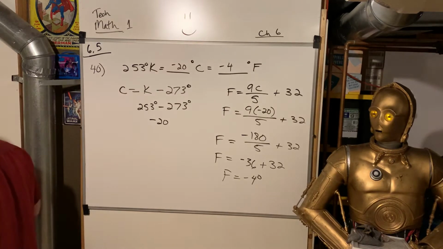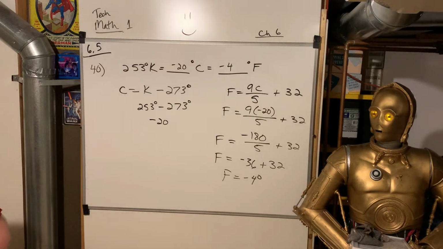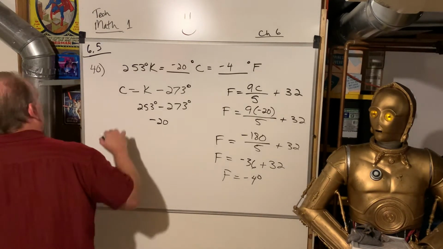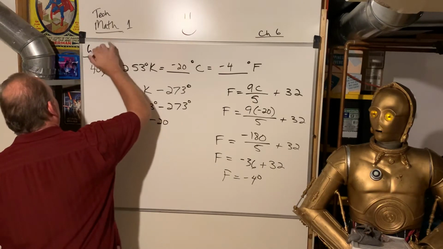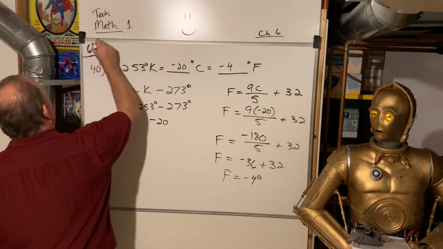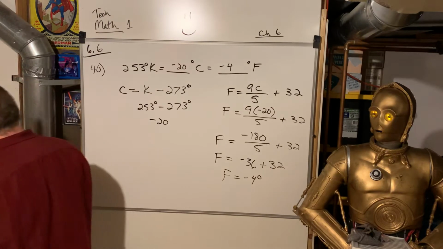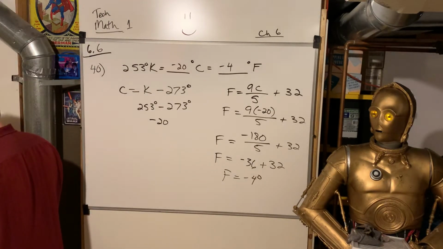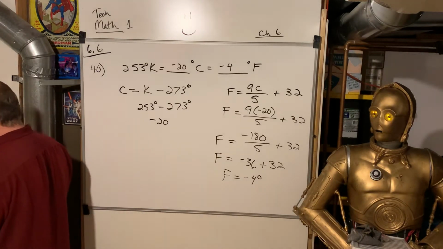So there we are. Let's take a look at 6.6, decimal number system and powers of 10. I already kind of did this when I explained the metric system. So decimals, we did the metric system and it was base 10.